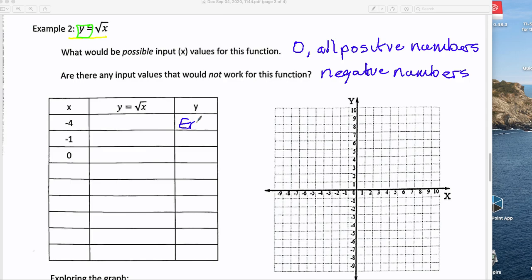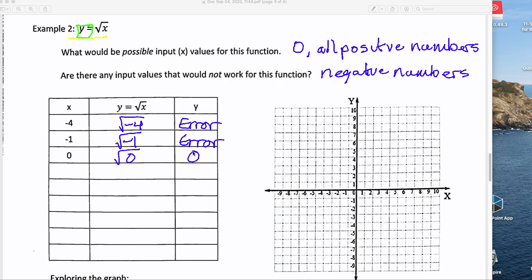The calculator says you can't do that. The square root of -4 is going to give me an error. The square root of -1 is going to give me an error. And the square root of 0 is not going to give me an error. The square root of 0 is 0.